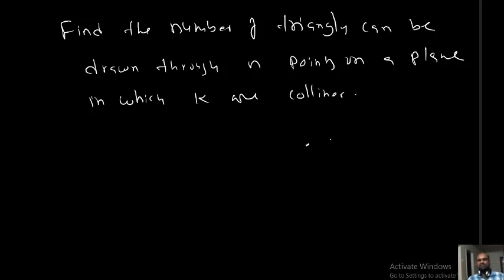Interesting. Now here also some points are collinear, totally n points are there. So among that, k points are collinear. First of all, what I will write, Nana?